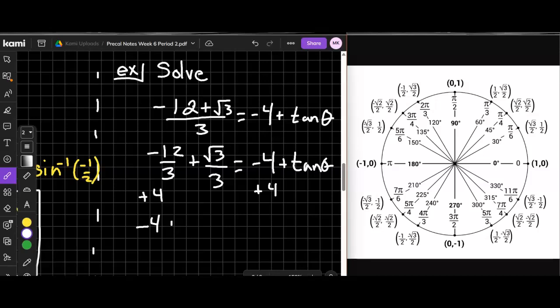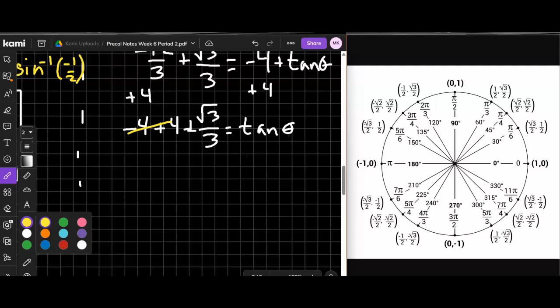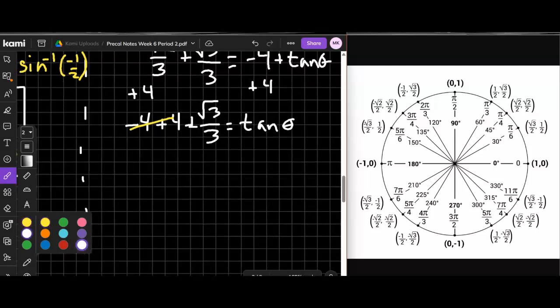Then you have that plus 4 we just added on to both sides, plus that square root of 3 over 3 equal to the tangent of theta. And who'd have thunk it, the two negative 4's are going to cancel out, just leaving us with that square root of 3 over 3 equal to the tangent of theta.